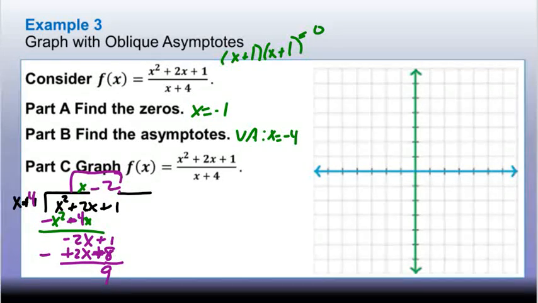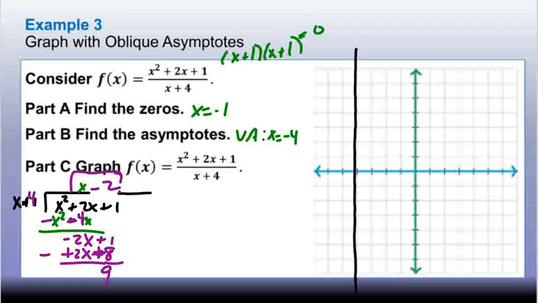If I come to my graph here, I need a vertical asymptote at negative 4. So 1, 2, 3, 4. I need a point at negative 1 on the x-axis, negative 1 here.